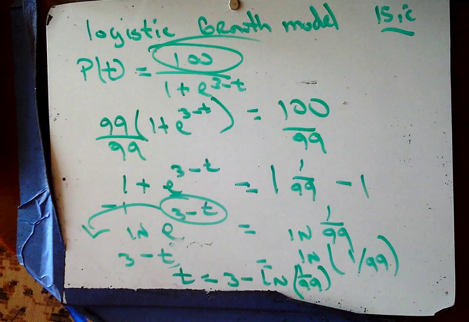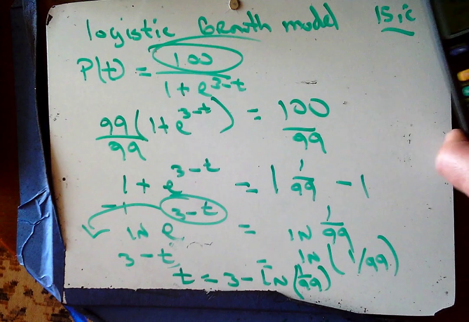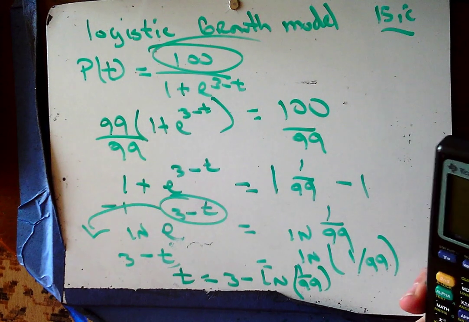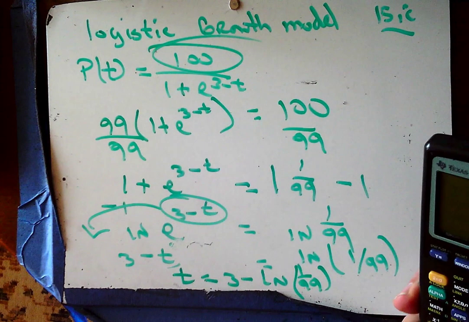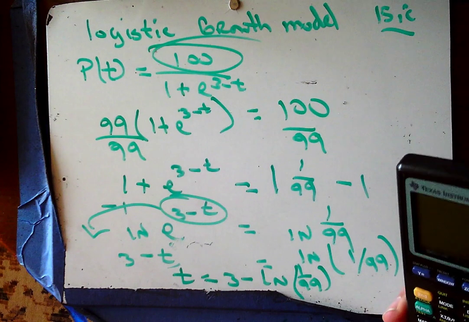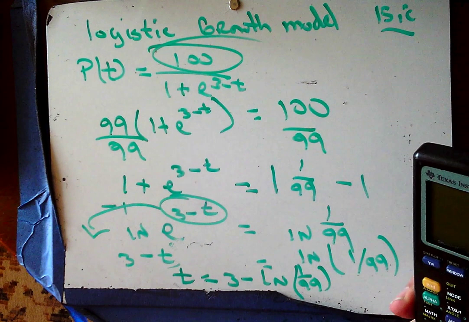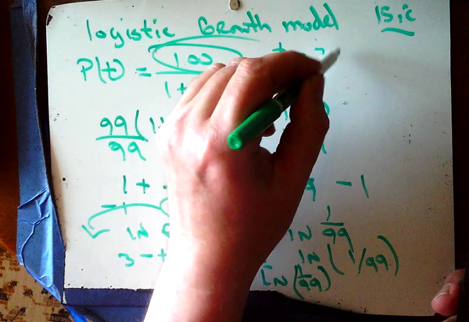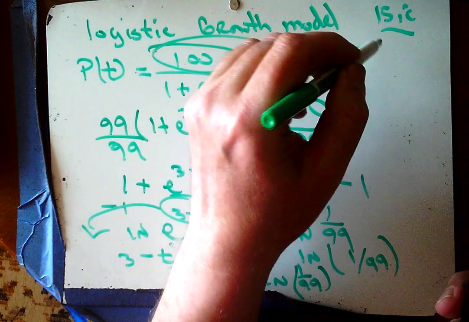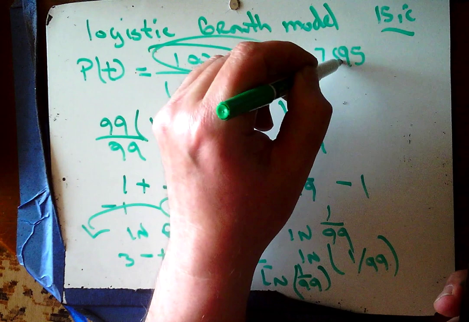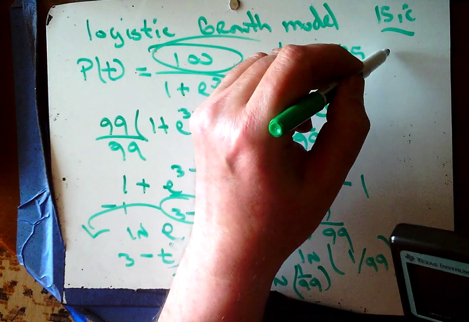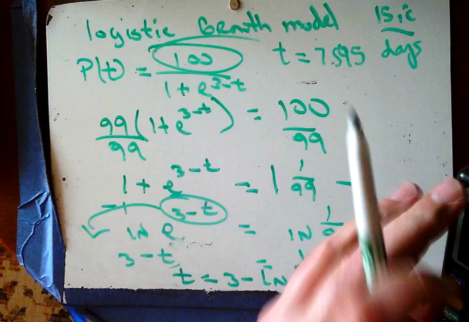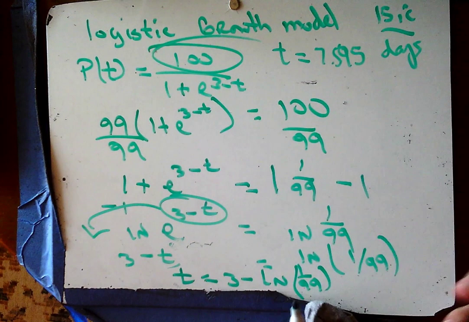All right, well, let's see what this is going to be. 3 minus ln of 1 over 99. And I end up with t equals 7.595, and these are days. Okay, good.